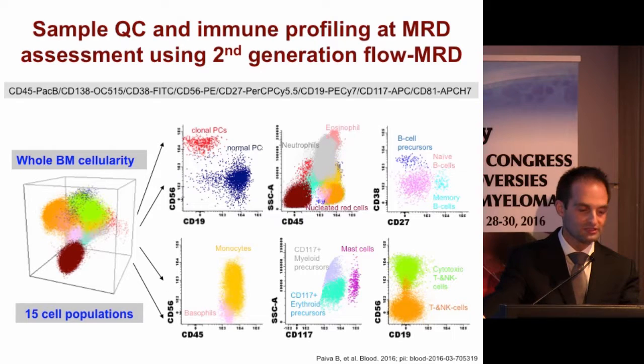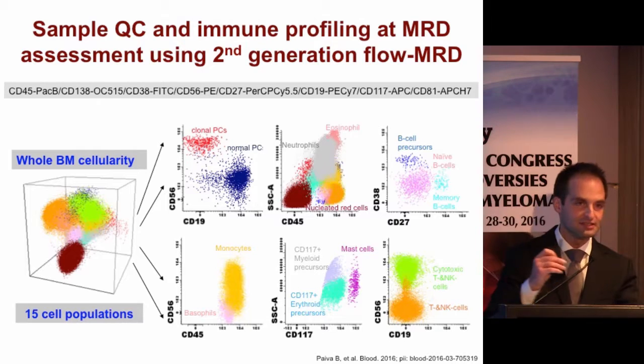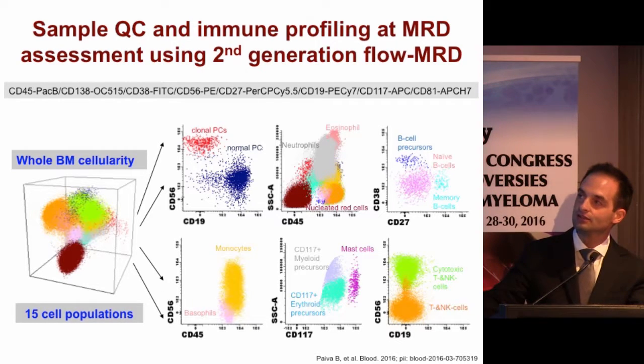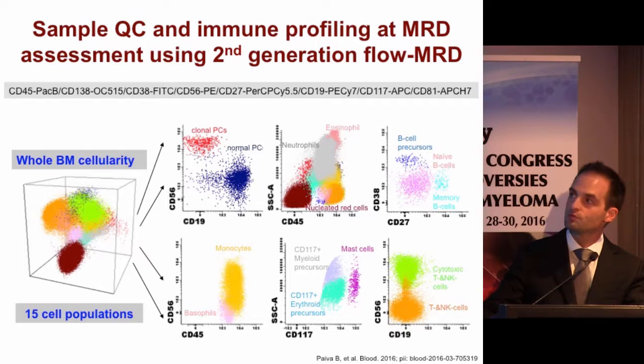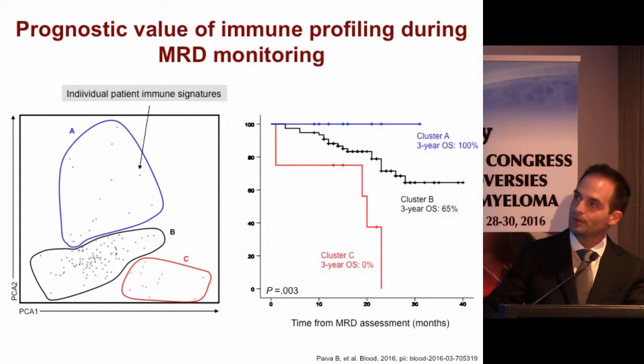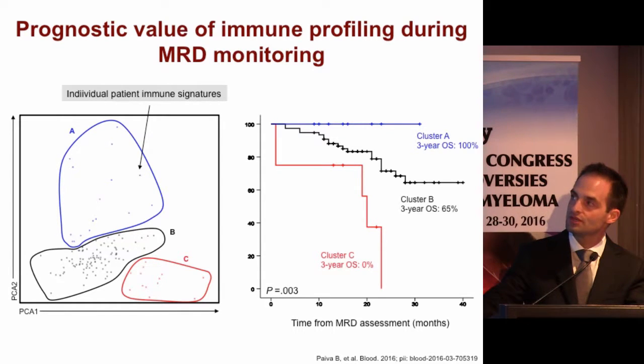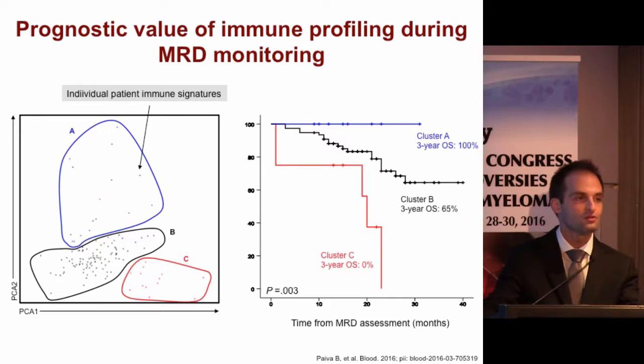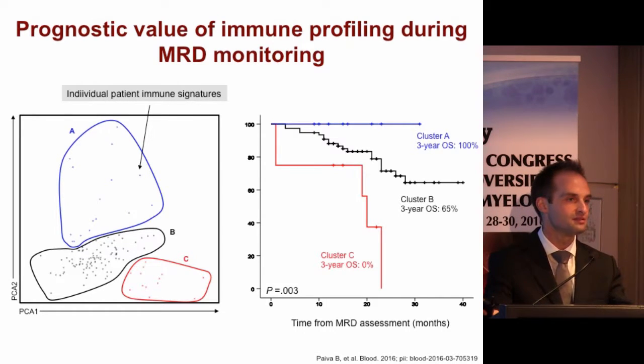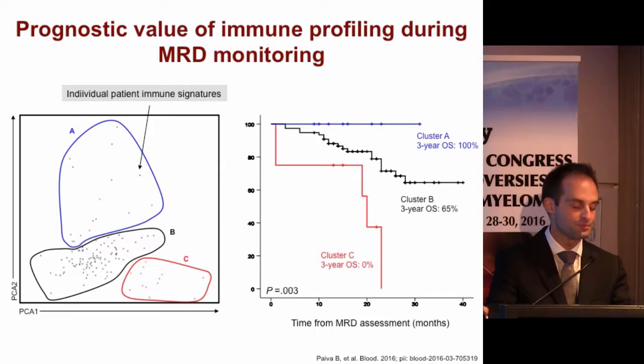Then, global cell characterization to perform immediate sample quality control, as well as immune profiling. And in fact, we have recently reported that even by using a single 8-color antibody combination, it was possible to develop individual patient immune signatures that may cluster in different areas because of different immune profiles, and these may be associated with a different survival, irrespectively if the patient was MRD negative or positive after therapy.